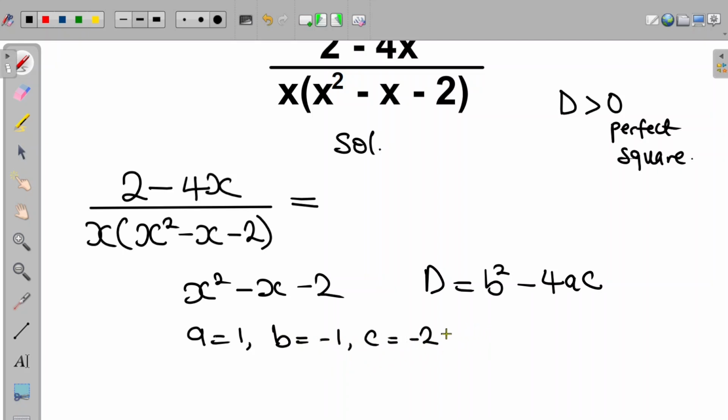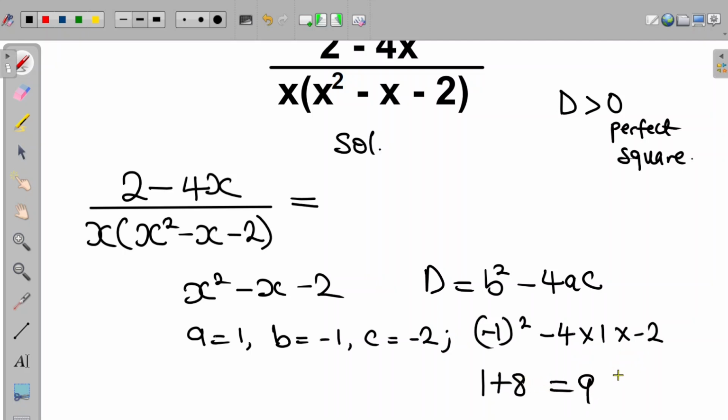If we substitute here, we have minus 1 all squared minus 4 times 1 times minus 2. So minus 1 squared is 1, minus 4 times 1 is minus 4, and minus 4 times minus 2 is plus 8. So we have 1 plus 8, which is equal to 9.